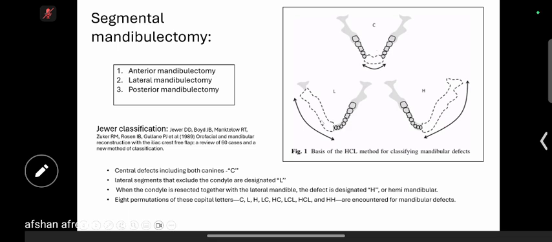According to these three letters, they have proposed 8 permutations, which include anterior segment, lateral segment, hemimandibulectomy, lateral and central segment, hemimandibulectomy, extended hemimandibulectomy, subtotal mandibulectomy, and total mandibulectomy.